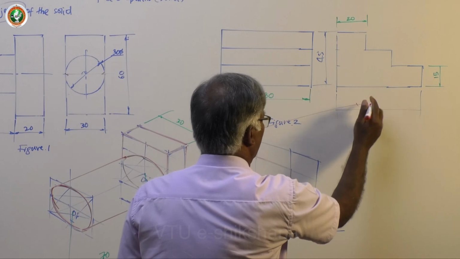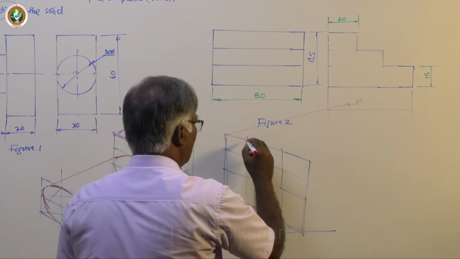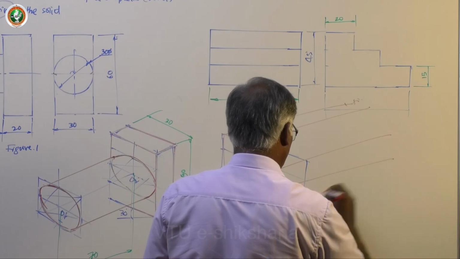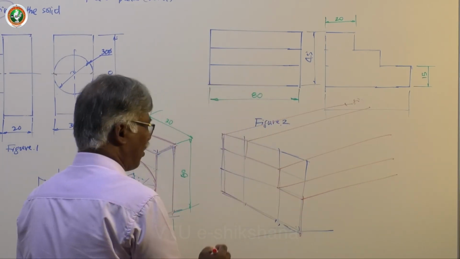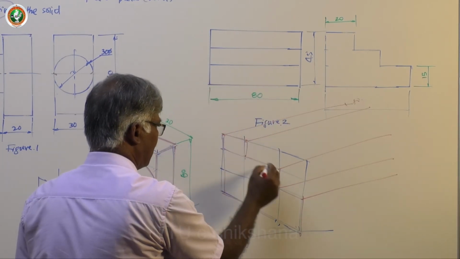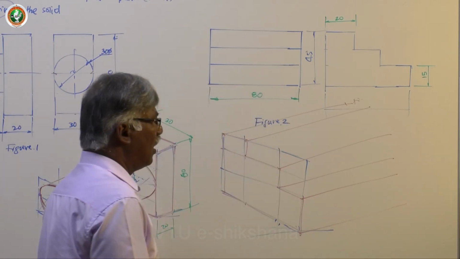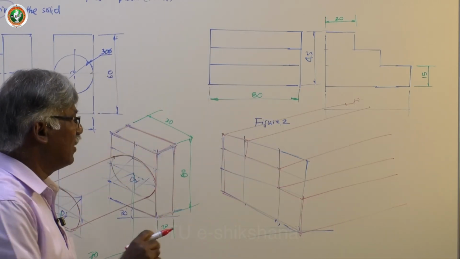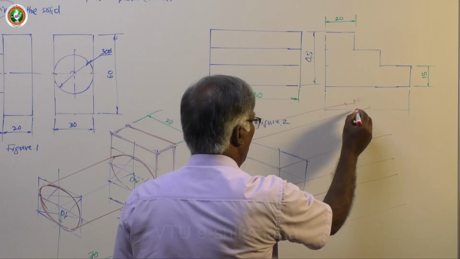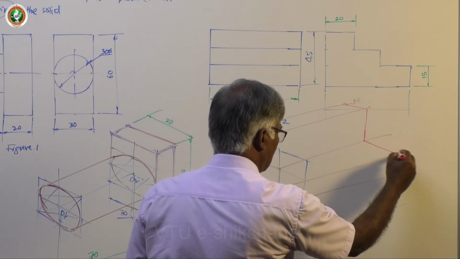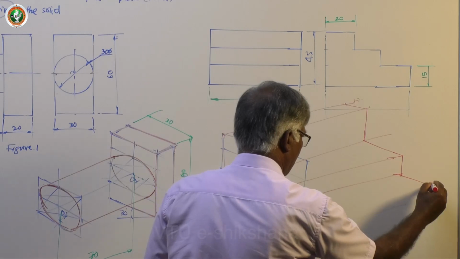I draw an 80 mm line throughout from whatever corner you have, a selected corner, this corner, this, and also this. After getting that, you fix these points, join these points, that's all.